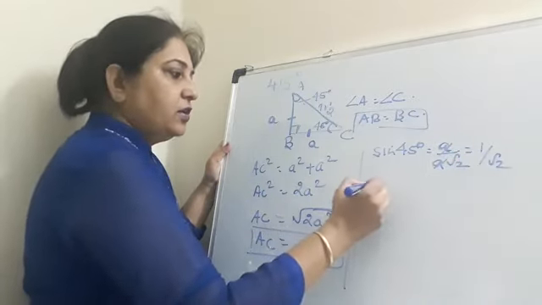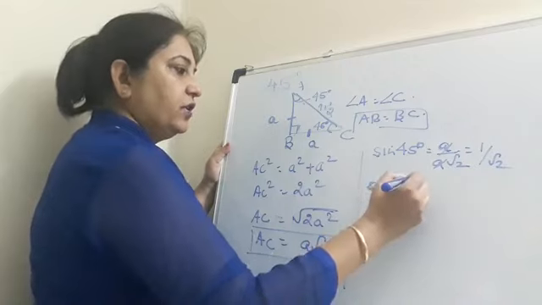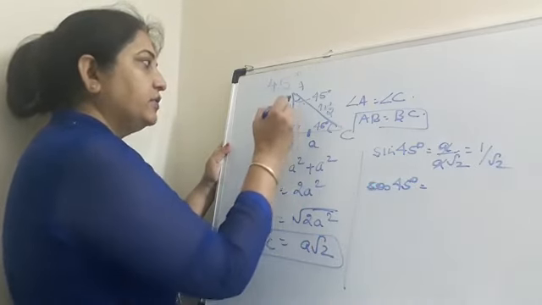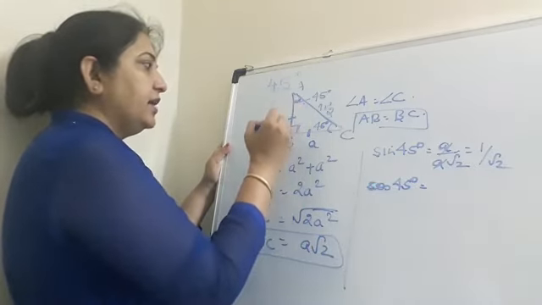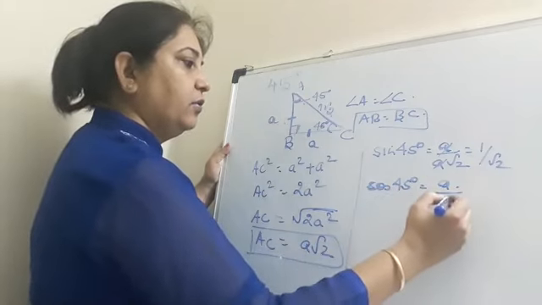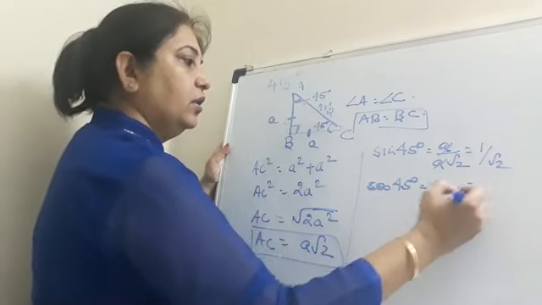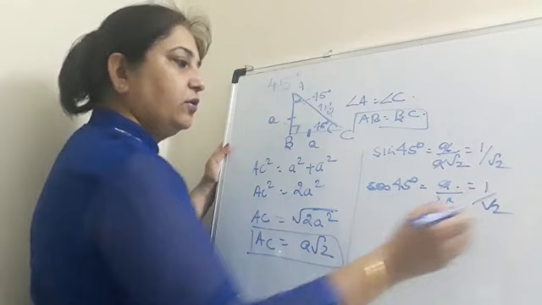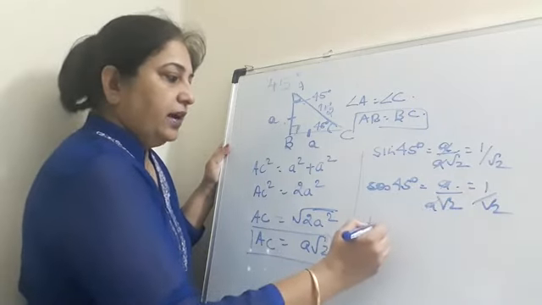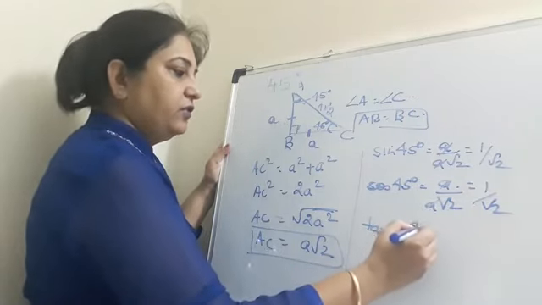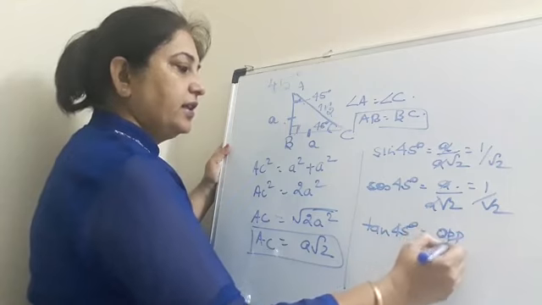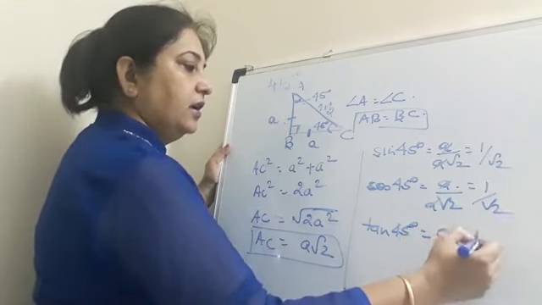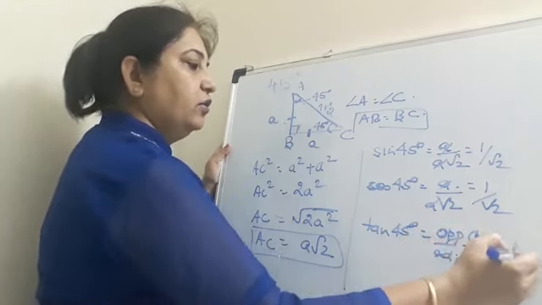Quickly, cos 45. Suppose we are taking angle A, so adjacent upon hypotenuse, which is A root 2. A will cancel, 1 by root 2. Now tan 45 is opposite upon adjacent, that is A by A, which is equal to 1.